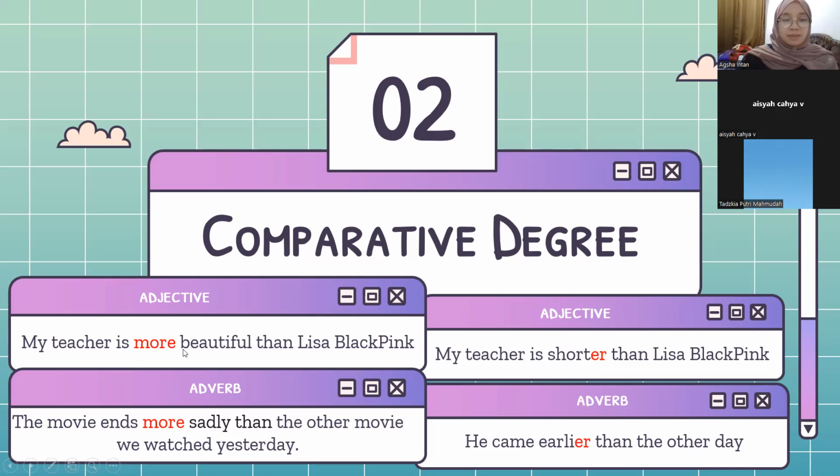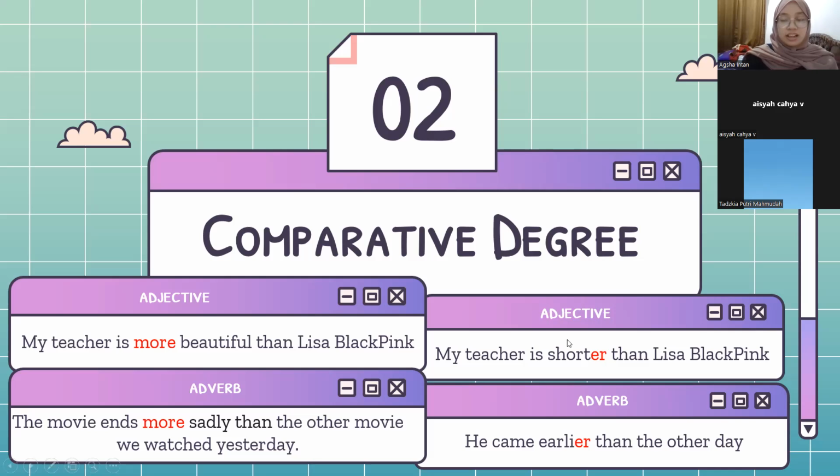For example, like this word, beautiful. There are three syllables here. So we use more. As for the adjective with only one syllable, or less than two, we only have to add ER at the end of the word.